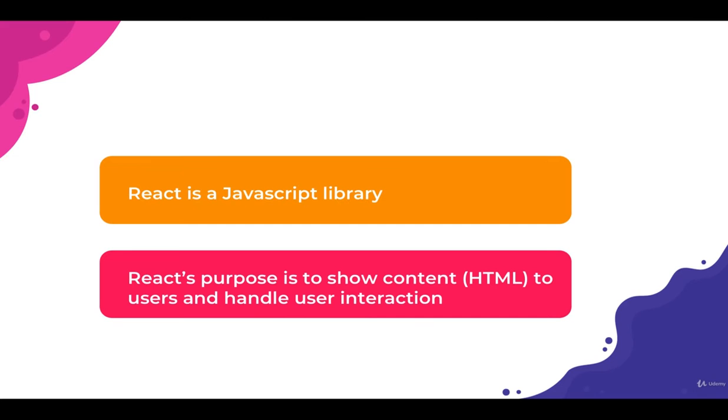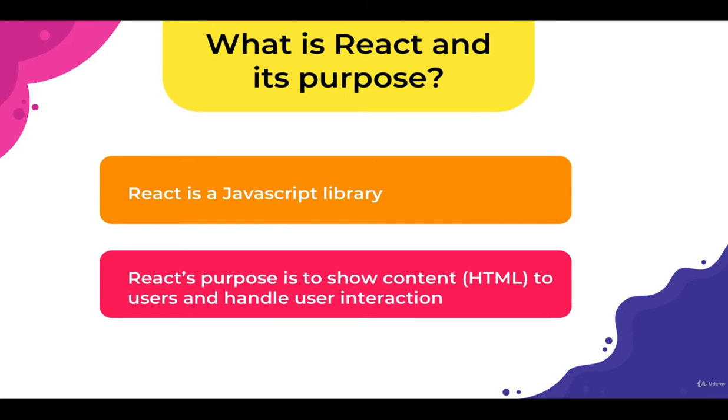So, first off, what the heck is React and what's its purpose? What do we use this library for? Okay, so React by itself is a single JavaScript library. The goal of React is to produce some useful content that is going to show up on the screen of your user's browser. Now, when we say content, what we're really talking about here is the HTML.